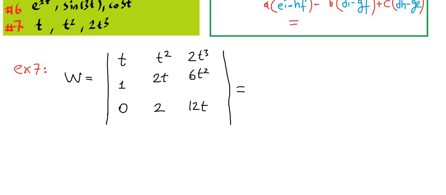Now our determinant will be given by t times this matrix.